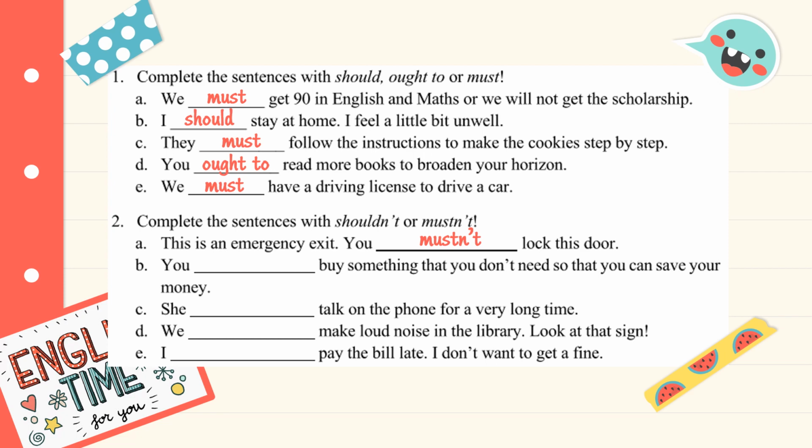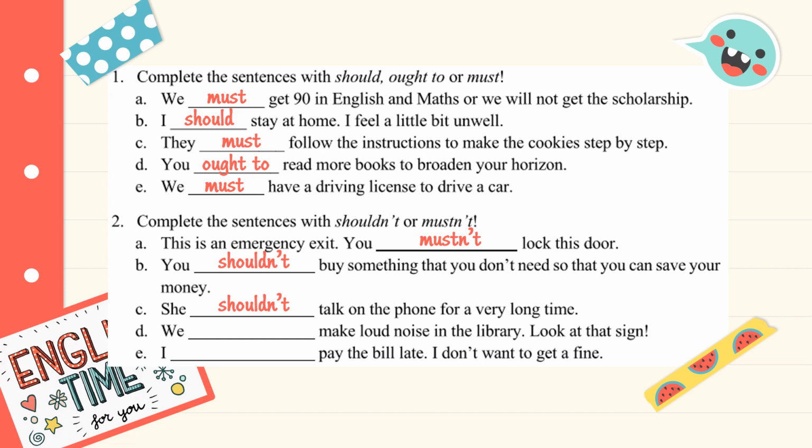So it's not a good idea to buy something that you don't need. That's right. The answer must be shouldn't. C. She blank talk on the phone for a very long time. Can she talk on the phone for a very long time? Yes, she can. But is it a good idea? No, it's not. Right? So the answer must be shouldn't.